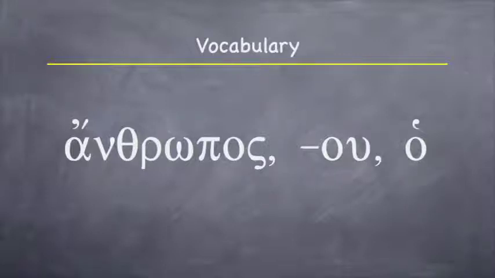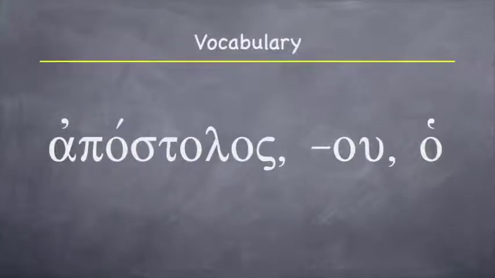Anthropos. Anthropos means man, mankind, person, people, humankind, human being. Apostolos. Apostolos means apostle, envoy, messenger.